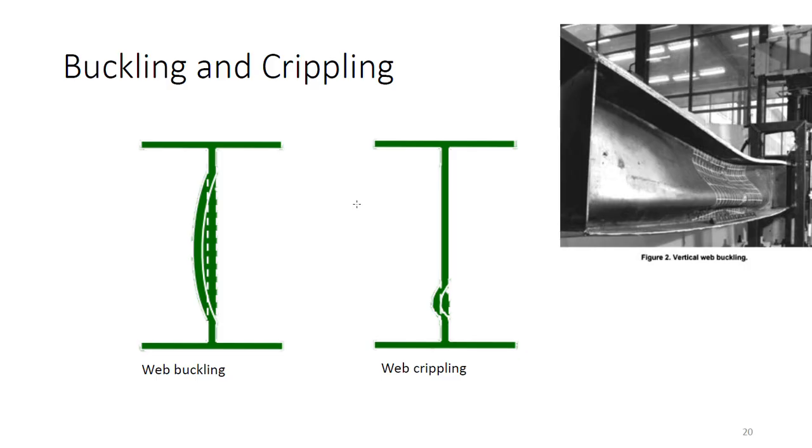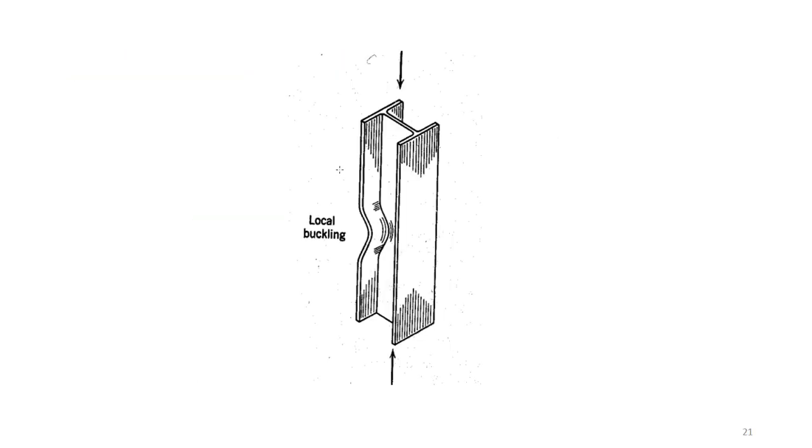For that we have to check buckling failures of the beam, and we also check deflection failures of the beams. The maximum limit of the deflections we also consider, and sometimes these beams may fail in the flange section also. This failure is called local buckling or crippling of the beam.